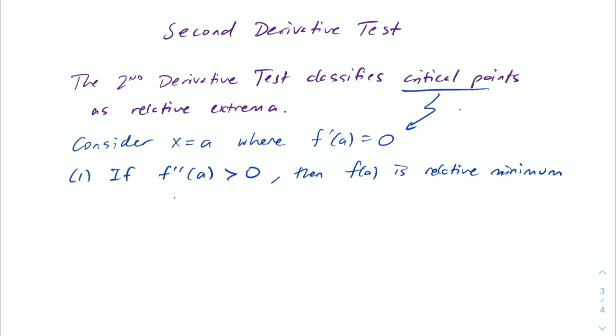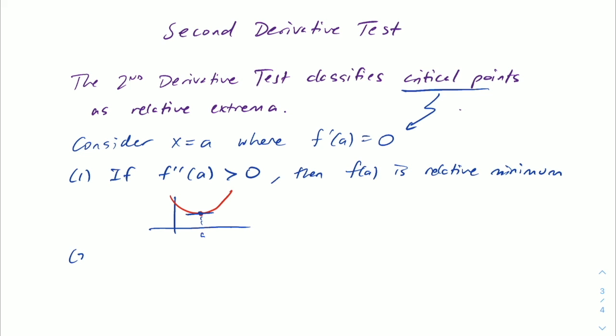Conceptually, you can see why this is the case. Say we have a function and it has a second derivative that's positive, so it's concave up, and it has a slope of 0. It's a critical point. That point must be a relative min.